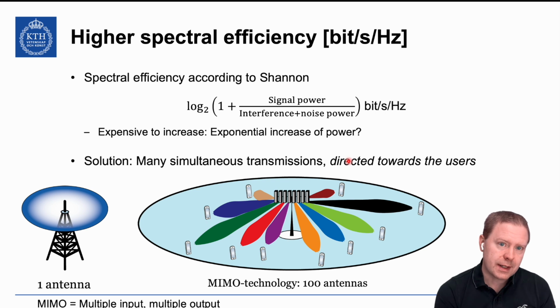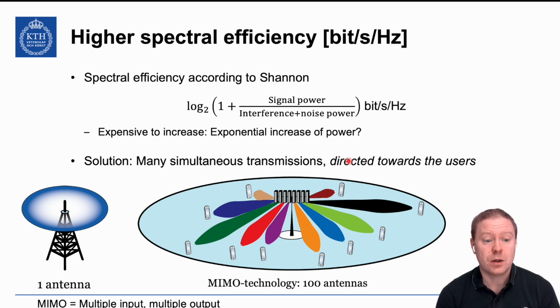When it comes to the second factor, the spectral efficiency, what is that? Well, that was once again the number of zeros and ones that you can transmit in one data segment here. And I was talking before about something called a channel capacity that is describing how many bits per second per hertz, or bits per such symbol interval, that we can transfer.